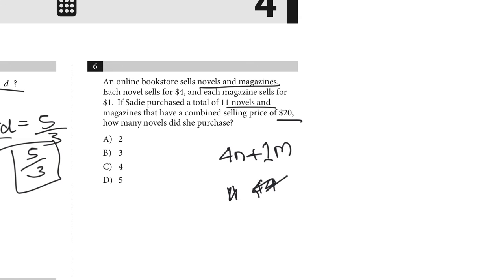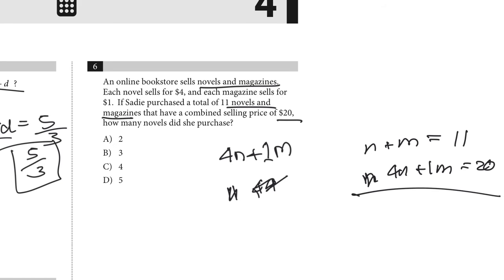So N plus M is 11, and 4N plus 1M is equal to 20. It'd be pretty simple, just subtract this. We would get minus 3N is equal to minus 9. N is equal to 3, so we have 3 novels.